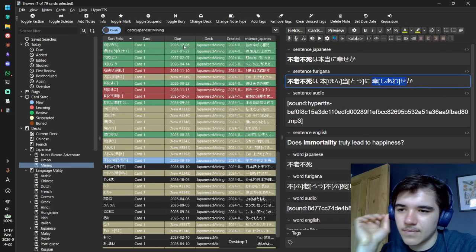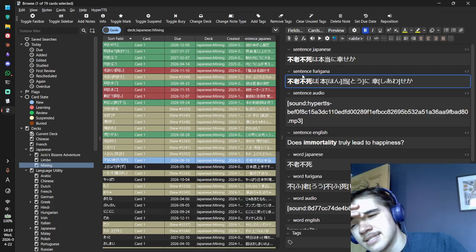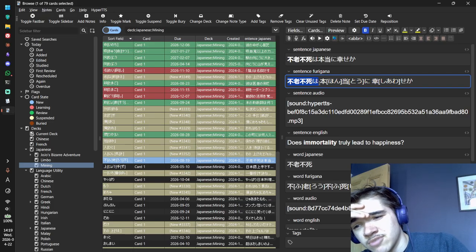It's interesting. So as for immortality, to happiness, 本当に, no, truly. Truly happiness? So it's either is immortality truly happiness, or as for immortality, to truth is happiness.